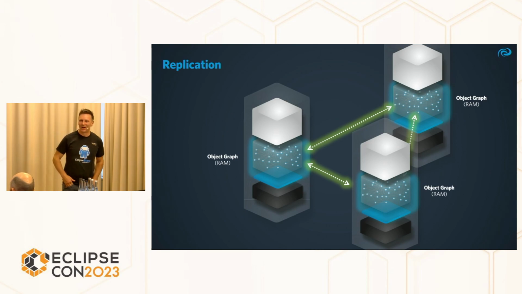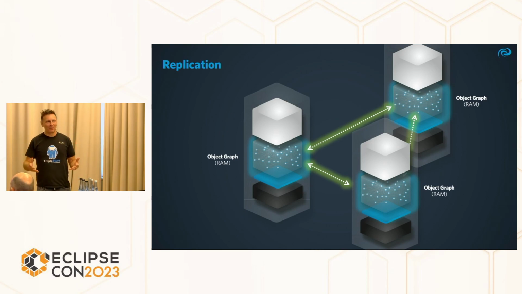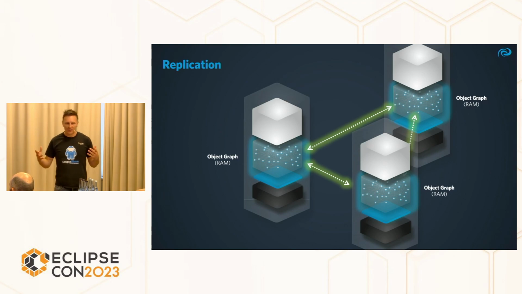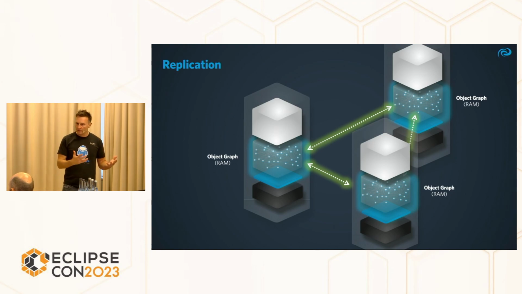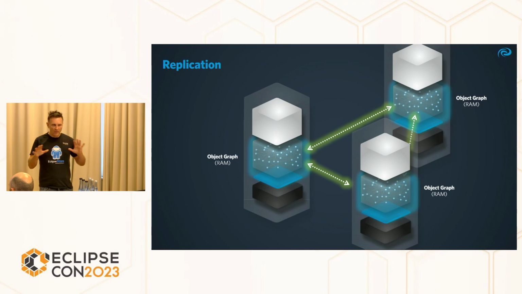So when you start the application initially, then the engine loads your object graph into the memory, but only a representation. Only the object IDs are loaded. No data. And then everything works like magic, fully object-oriented.